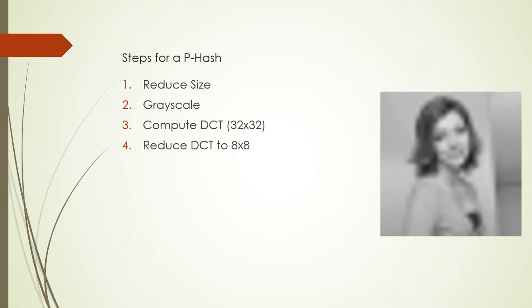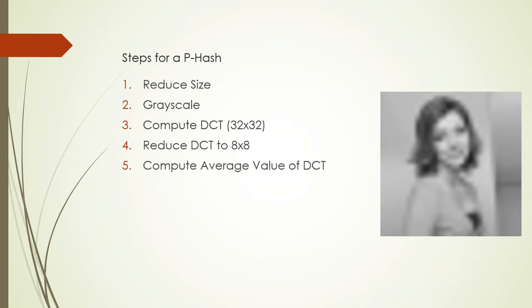And so to get it down to its most base image, we just use the cosine waves in the upper left. So after we have that, we now have an 8 by 8. We have essentially 64 cosine waves that are all weighted differently.